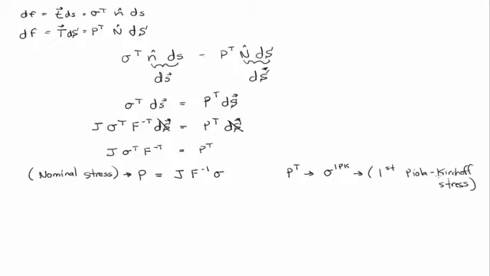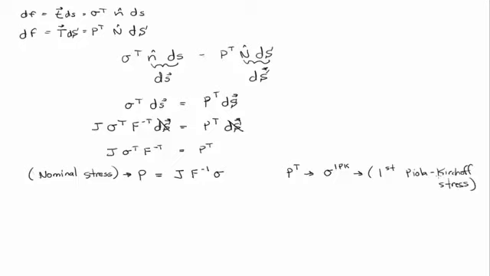But so I have a symmetric tensor multiplied by something that's not symmetric. The deformation gradient is definitely not symmetric, and its inverse is not symmetric. What is that going to give me over here? Non-symmetric. So both the nominal stress and the first Piola-Kirchhoff stress are non-symmetric.